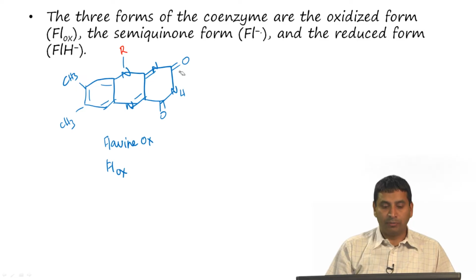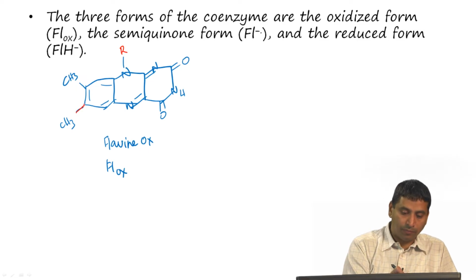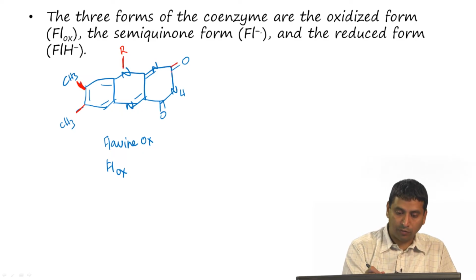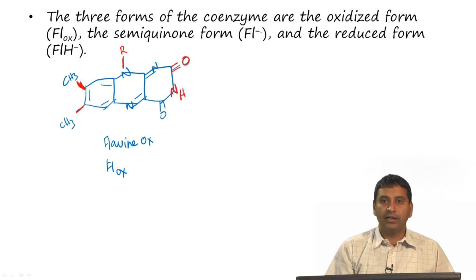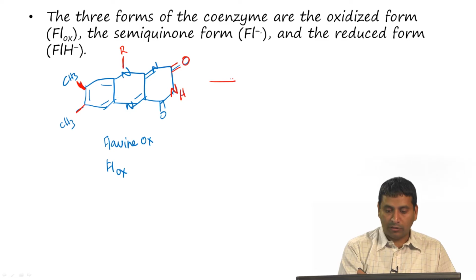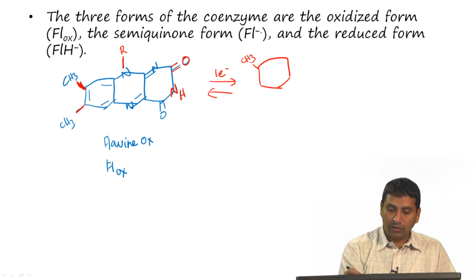This is the main portion of the flavin molecule, which contains 3 rings, and it has a number of functional groups. It has a conjugated system, and once it picks up one electron, it can assume a similar structure, which I am going to draw here.